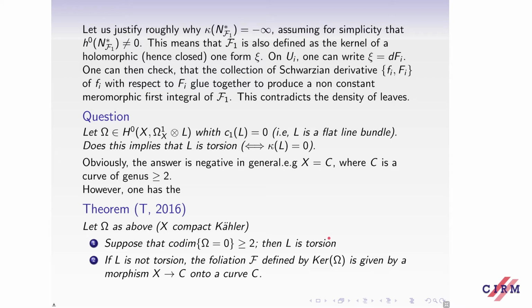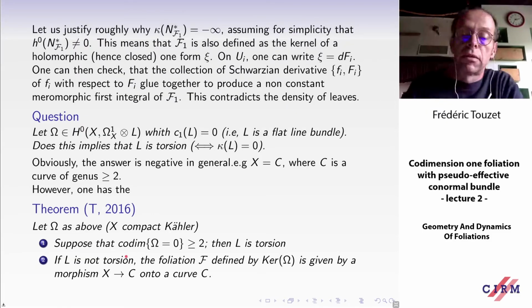Moreover, if L is not torsion, then this can occur only when the vanishing locus of omega has codimension 1, and one can assert that the foliation F defined by omega is given by a fibration onto curves.